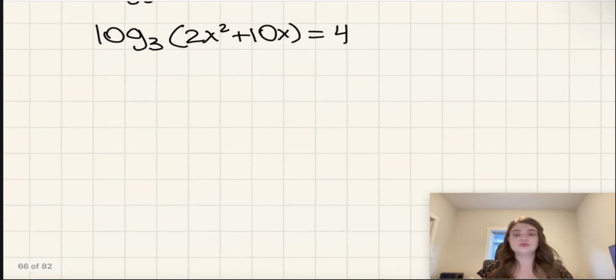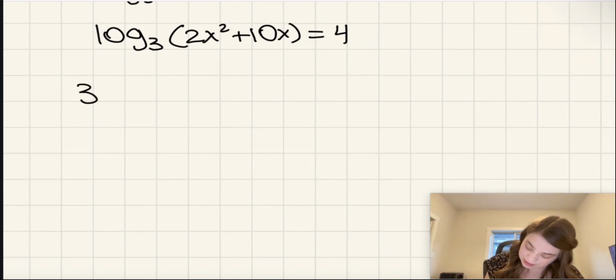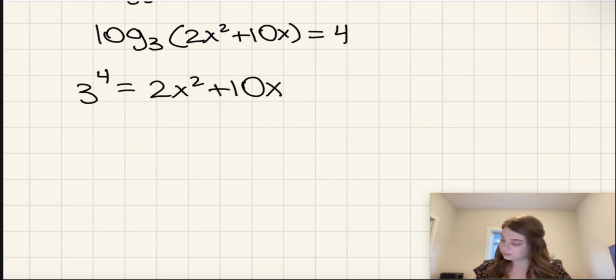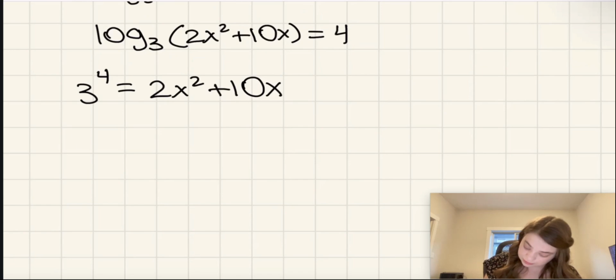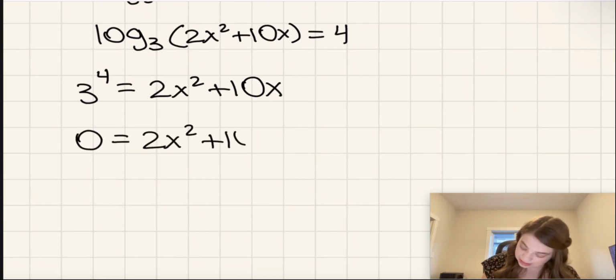Then I'm going to switch this from logarithmic form to exponential form and get that 3 to the power of 4 is equal to 2x squared plus 10x. Now, 3 to the power 4 is the same as 81. Therefore, 0 is equal to 2x squared plus 10x minus 81.